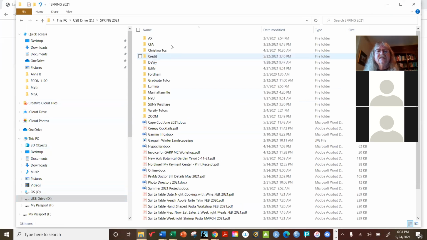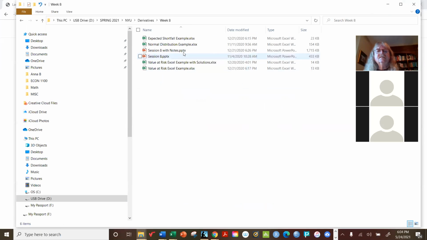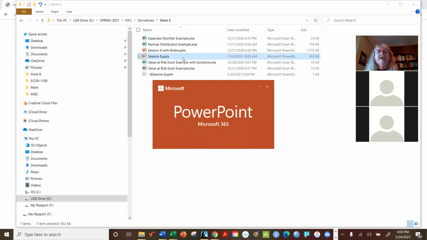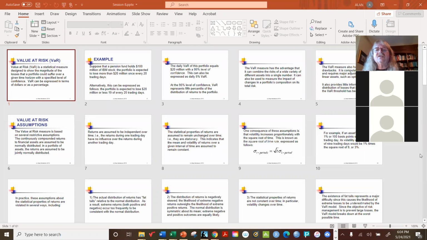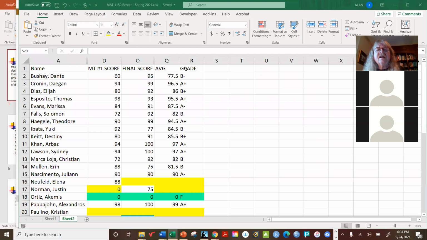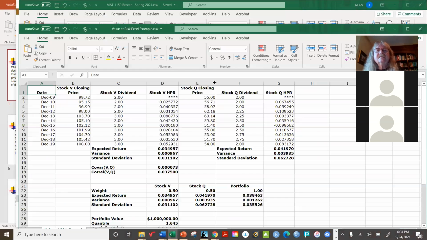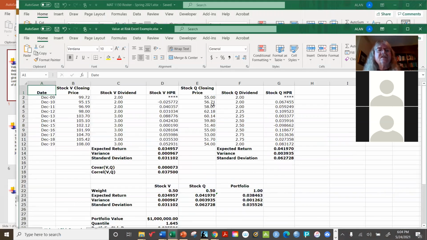Let's see, where are we? Yes, here we go. So we have some Excel examples as always. This is especially useful in a topic like this where we have statistics involved. Let's see, how many examples do we have? All right, well, here's an interesting one. This one, you can see we have stock prices, and we're going to use those to derive some interesting results.